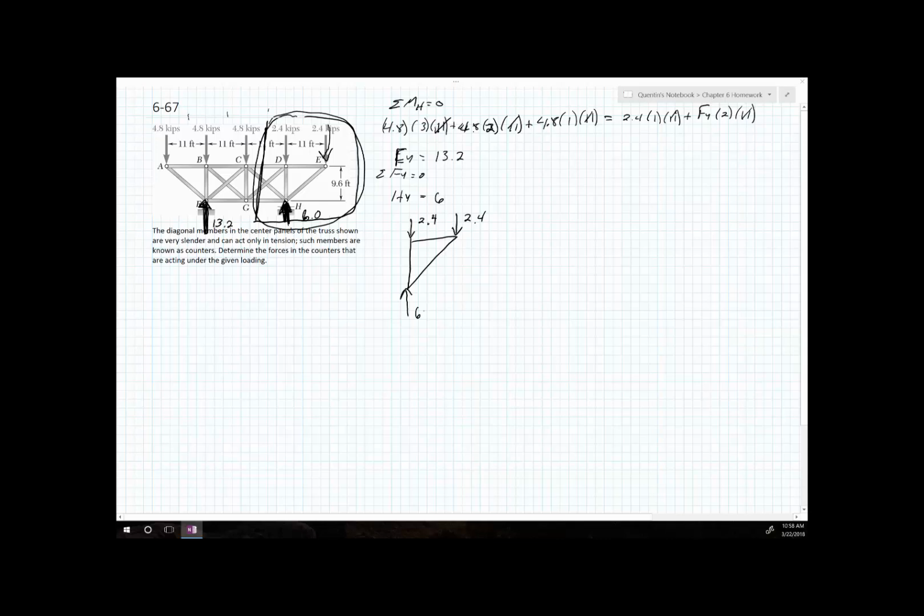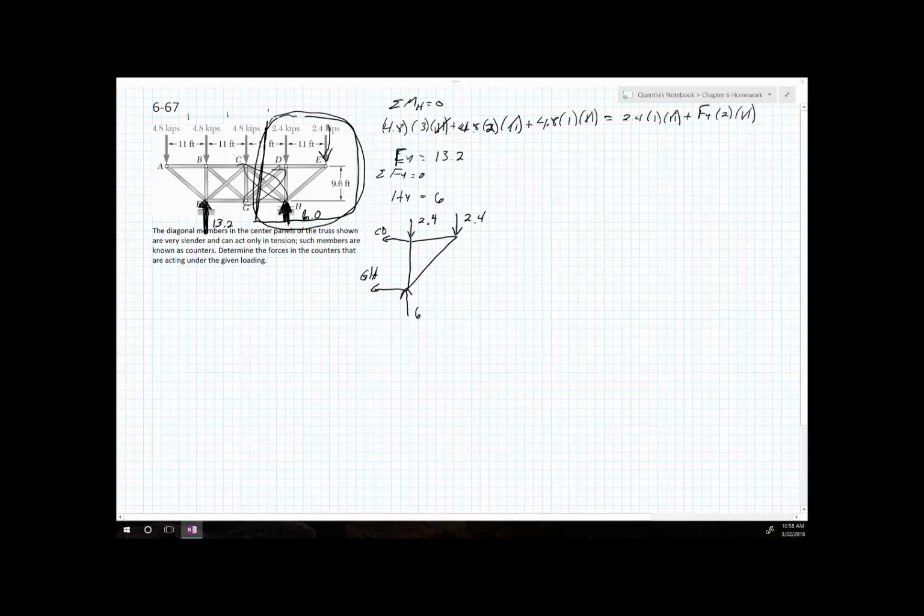This is the key. I cut through a force here, this is CD. I cut through a force here, which is GH. And then I cut through these two things here and here.